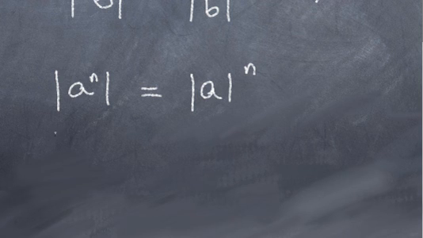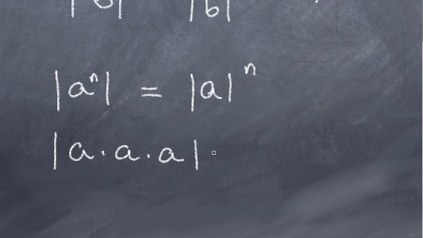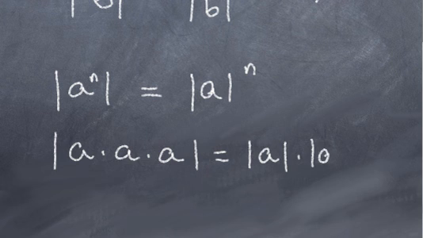Okay, let's work an example. Let's say n was 3, and so we'd have A times A times A. And by that first property we did, we can break this up. So if A were positive or negative, it doesn't matter, we're still going to get A. Or if it were negative, right, we'd get the negative of it and just make it positive.